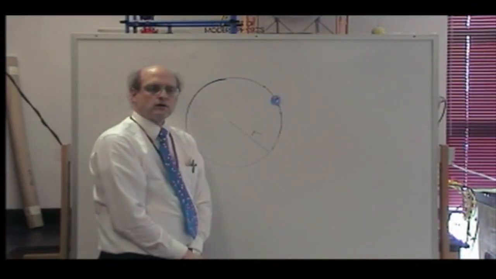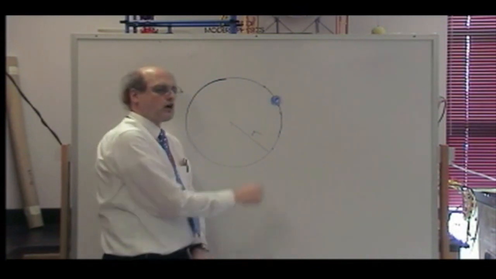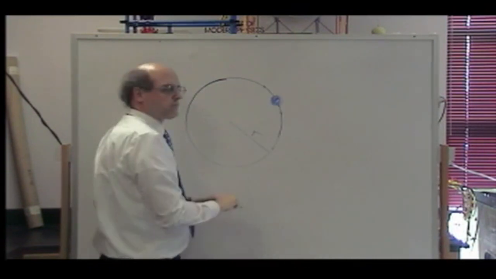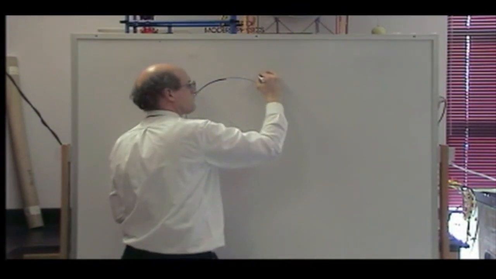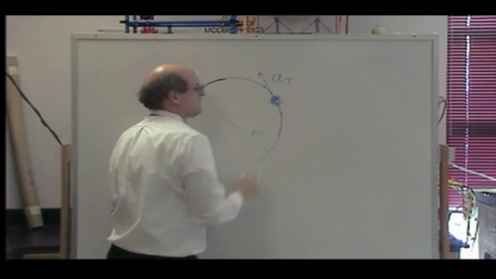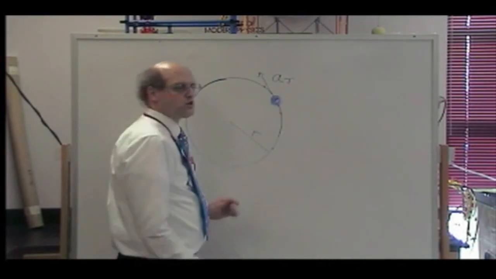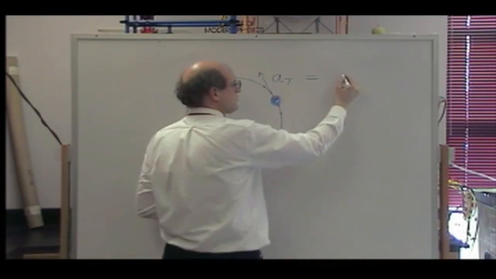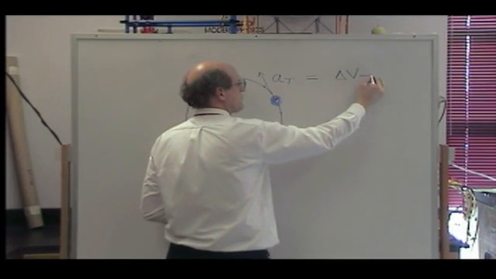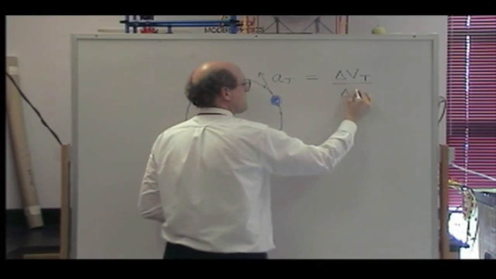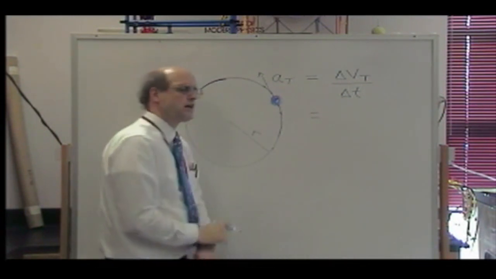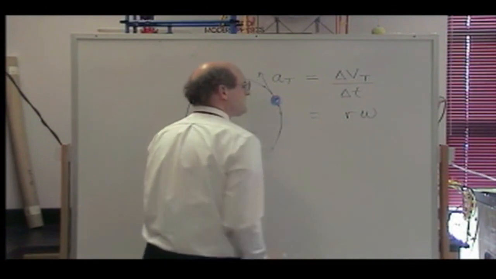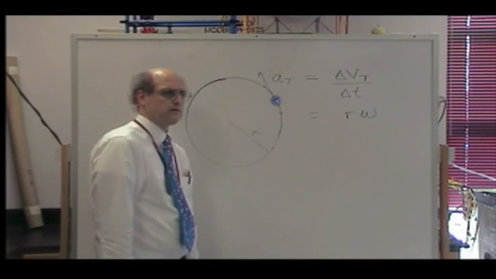Suppose we have a sphere which is accelerating tangentially along a circular path. We learned previously that the tangential acceleration is equal to the change in the tangential speed divided by the time interval, where the tangential speed, we learn, is equal to r times the magnitude of the angular speed.